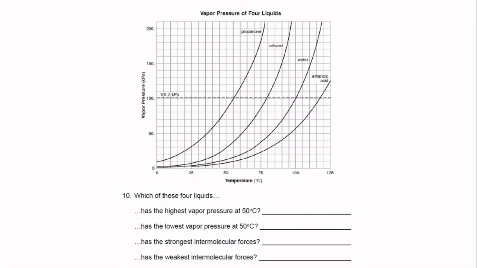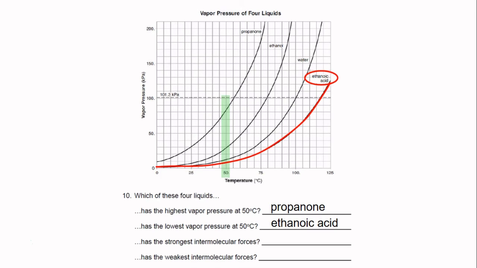We're still talking about the same diagram, but now the questions have to do with vapor pressure and intermolecular forces. So at 50 degrees Celsius, the liquid that has the highest vapor pressure would be propanone. The liquid that has the lowest vapor pressure would be ethanoic acid.